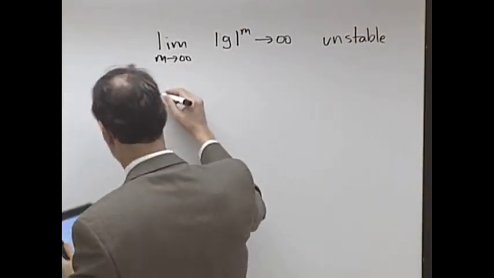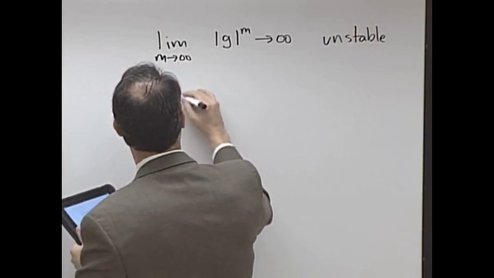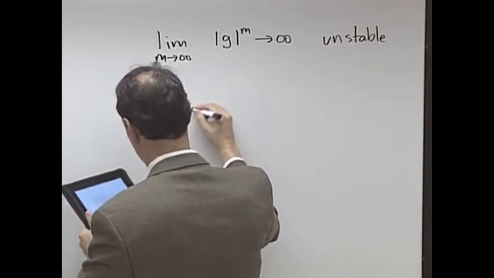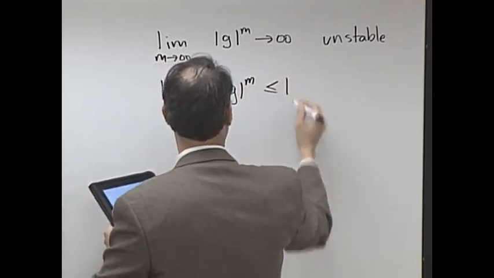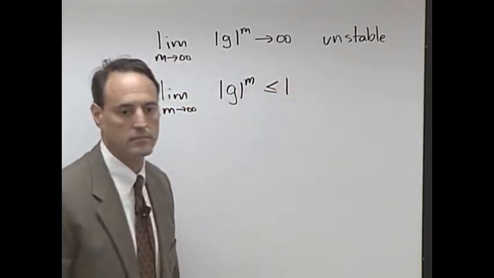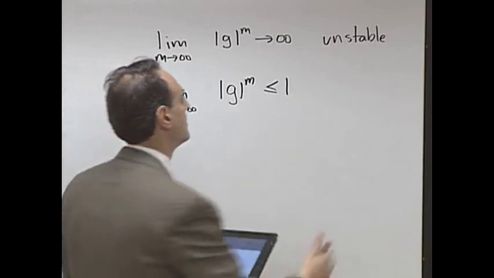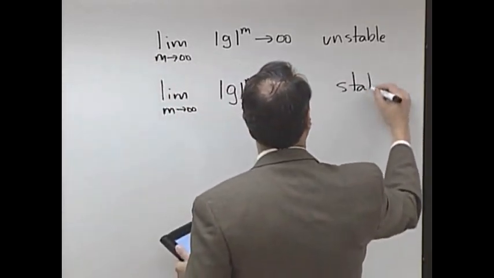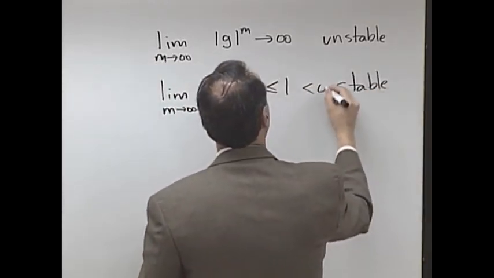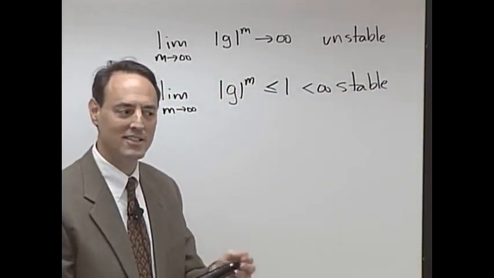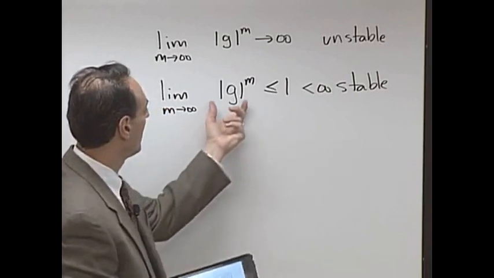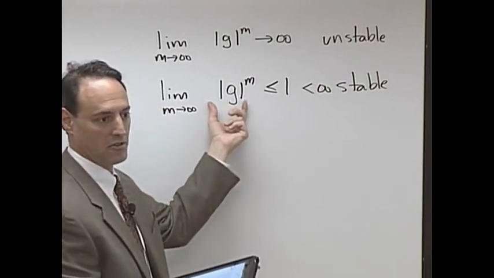And the other thing you want to know is, well, a stable scheme would be that if you look in the limit as m goes to infinity, in other words, you just want this thing to be less than infinity. That's not asking so much. So really, all you care about is this g, the absolute value of this g.